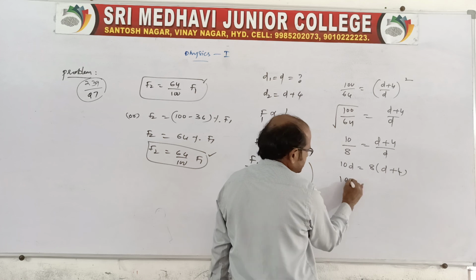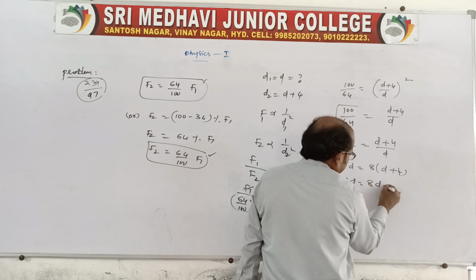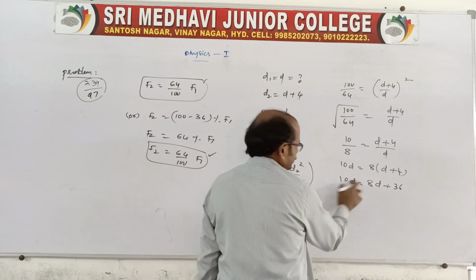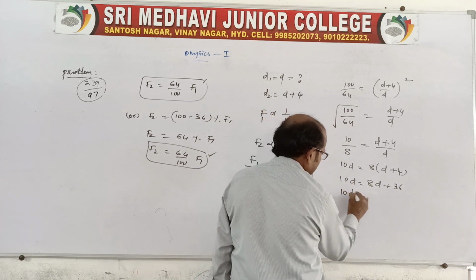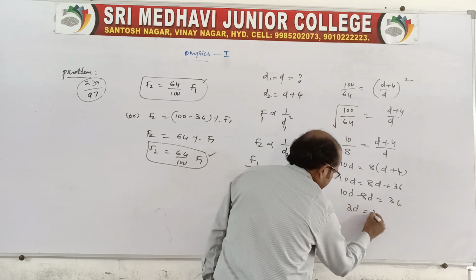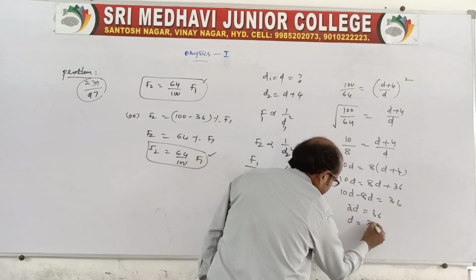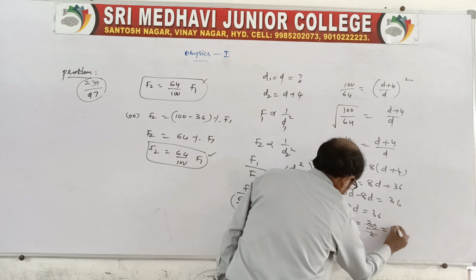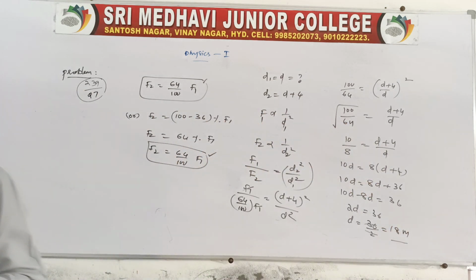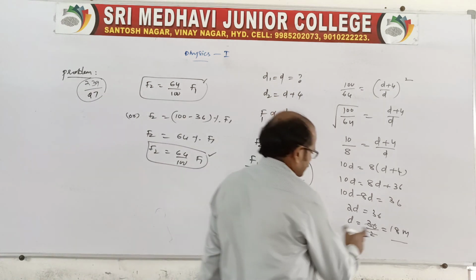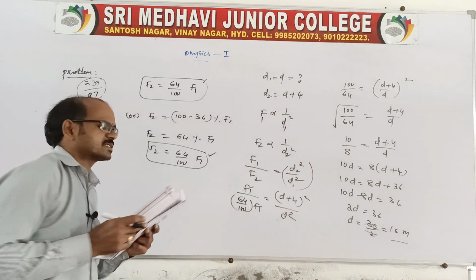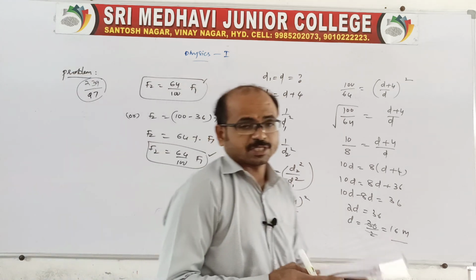So 10D is equal to 8D plus 32. Now take this side: 10D minus 8D, 2D is equal to 32. D is equal to 32 by 2, which is 16 meter. Sorry, 16. Yes, 16 meter is the original distance between the objects.